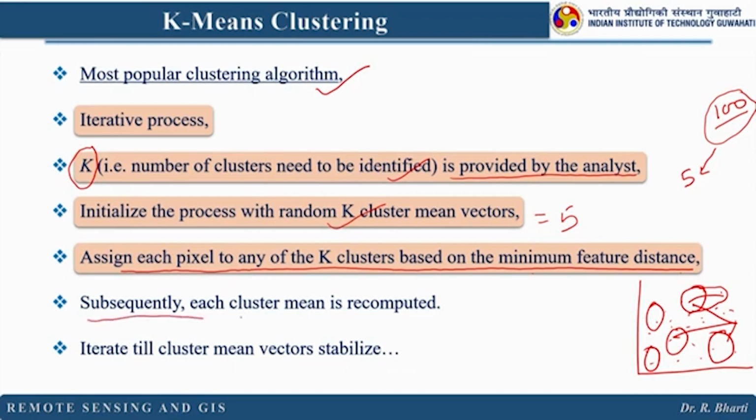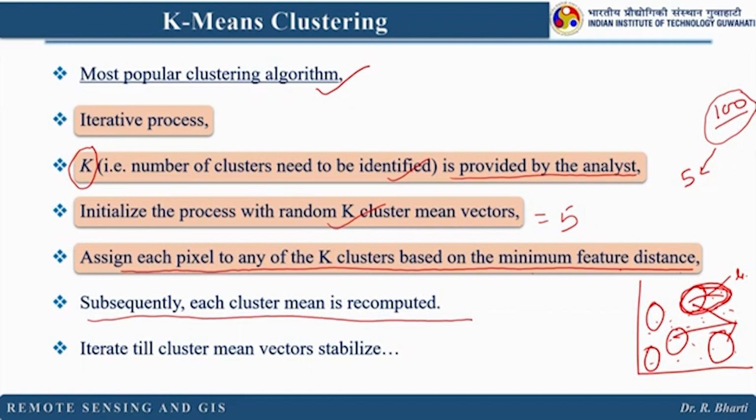Subsequently, each cluster mean is recomputed, right. Once you have extended the boundary of a particular cluster, the mean will vary. Once all the pixels are resolved and you have 5 classes, you find the mean of each cluster, then again find the minimum feature distance and redistribute the DN values into different clusters.